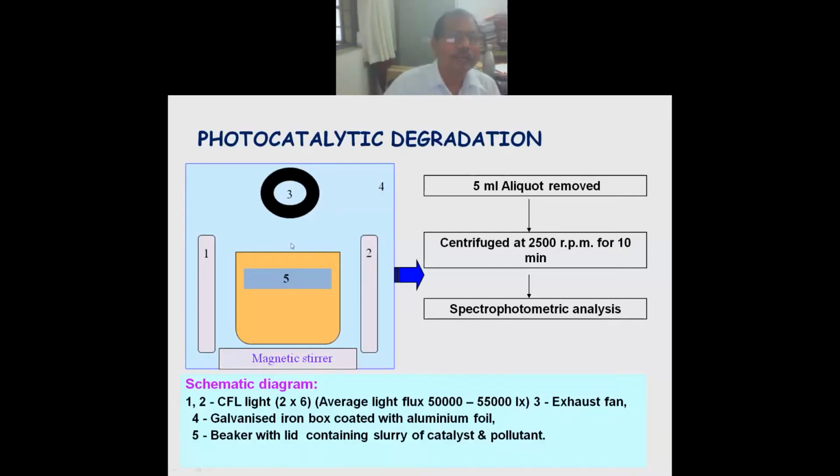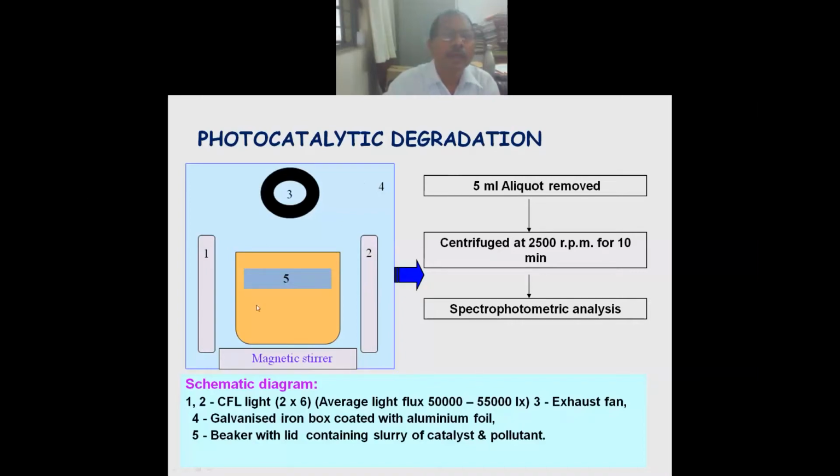Now this is the reactor we generated in the laboratory in order to study the photodegradation of different pollutants. Here we use dyes as one of the pollutants. This is a reactor. We generated light equivalent to solar light, having a flux of 50,000 to 55,000 lux.